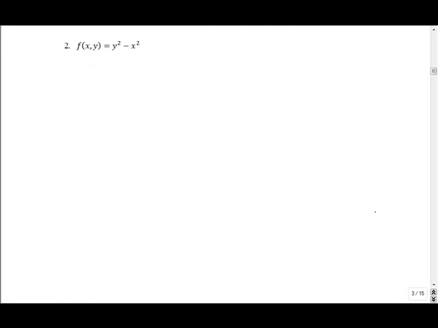f of x, y equals y squared minus x squared. Let's find the critical point and let's classify it again. So partial f with respect to x is minus 2x. Put it equal to 0, x is 0.